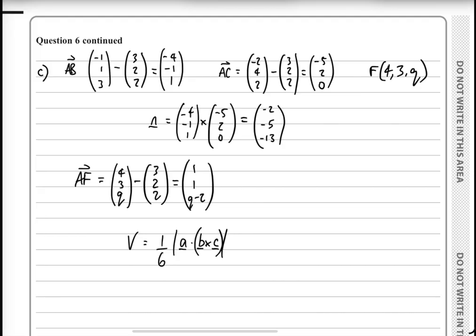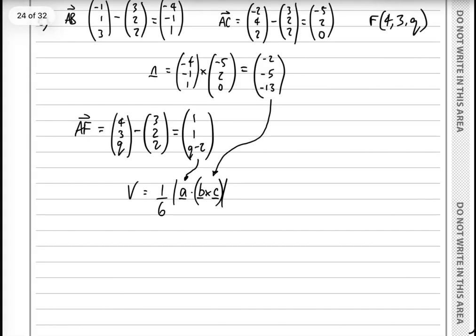where a, b and c are the vectors connecting the 4 vertices of your tetrahedron, which is why we need those 3 vectors. So I'm going from A to each of the other 3, and it doesn't matter which way around you get these because this is a cyclic situation, so I'm going to do the sensible thing and take the cross product that I've already got between 2 of the vectors and use it there, which means that this third vector is going to be this one.